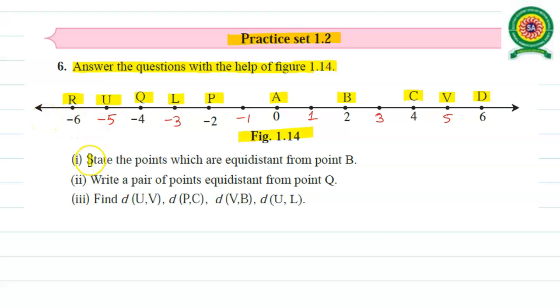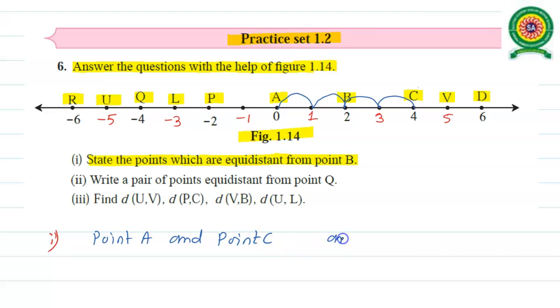Now we have to state the points which are equidistant from point B. So we have to write those points which are at the same distance from point B. Look at the figure. Once we go towards the right of B by 2 unit places, we have point C, and once we go the same distance to the left of point B, we have point A. So we can write here point A and point C are equidistant from point B. Next, we have the next combination of points.